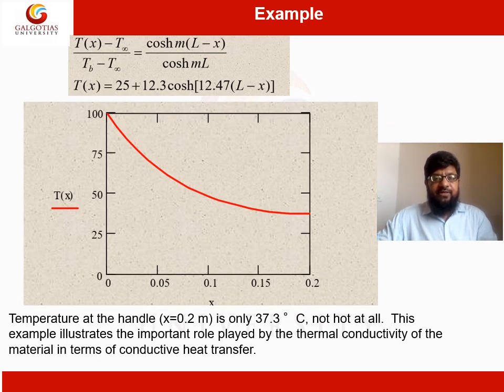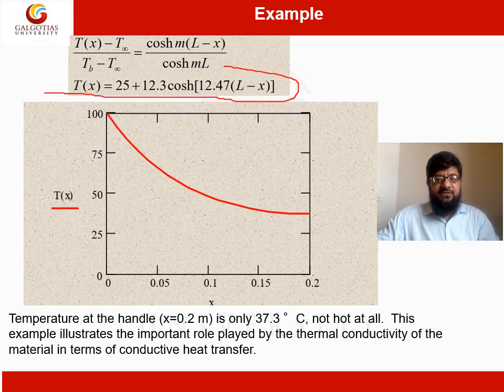Again using the same formula, we can calculate the temperature distribution. Only the thermal conductivity is changed, and we will get the variation of temperature in the x direction as we got previously.